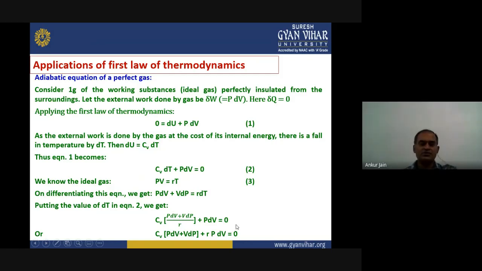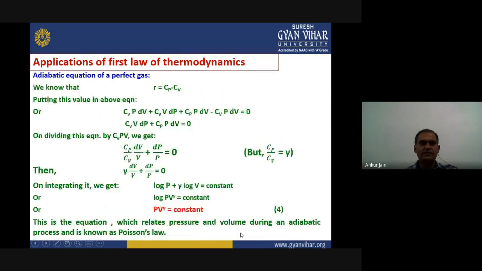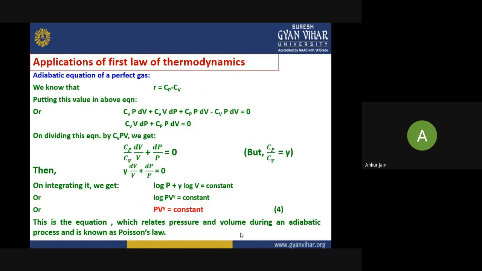Now that is equal to 0. If we solve it, it will give us Cv into PdV plus VdP plus R into P into dV equals 0. Then from Mayer's equation, we already know that Cp minus Cv equals R. Now putting the value of R in our previous equation, the equation will become Cv into P into dV plus Cv into V into dP plus Cp into PdV minus Cv into PdV, right?